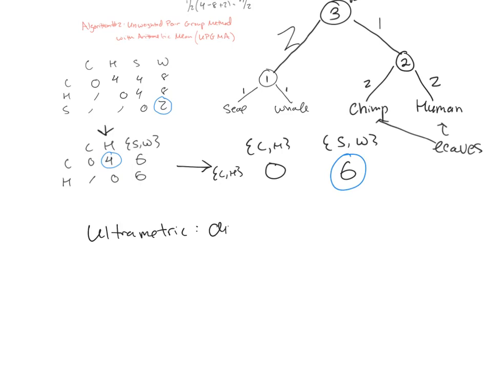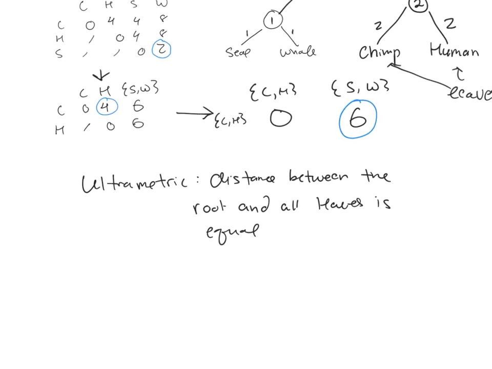But that means that the distance for this tree up here, the distance between the root and all the leaves is always 3. This property means that we're assuming a molecular clock.